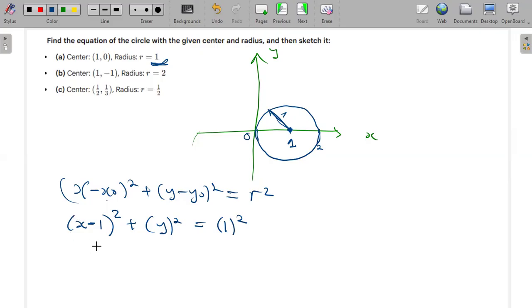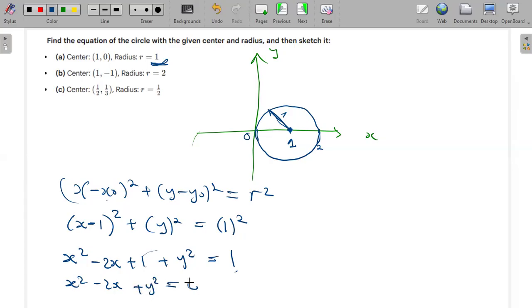Now I can expand the x part. That gives me x squared minus 2x plus 1, then plus y squared equals 1. I can take the 1 to the left side, where it becomes negative 1. It subtracts with this 1, which gives us 0.